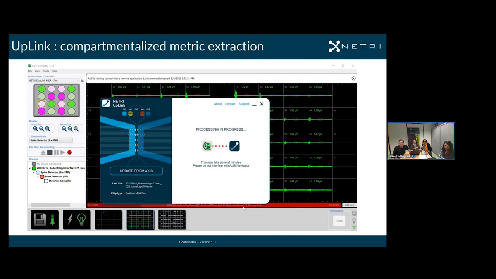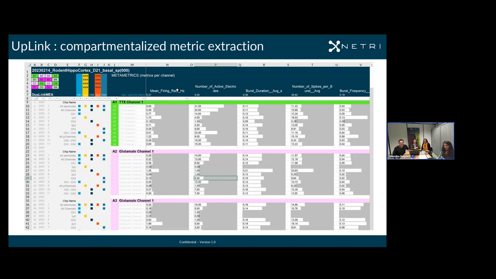So you can see here how we have our software Uplink, which processes the information taken generically from the Axion BioSystems system and chops it up into different channels, whether it be channel 1, the microchannels, or channel 3 on the other side. You get this information in this kind of layout, where every single chip has all its metrics and all its configuration of channels.